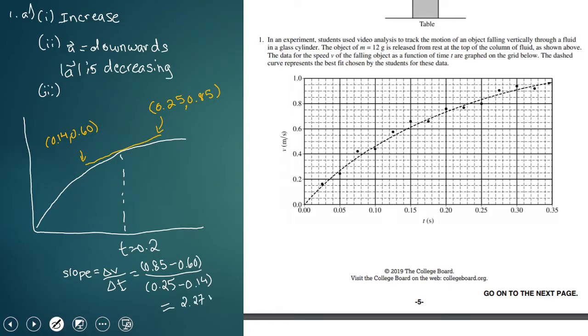And keep in mind that the units would be meters per second squared. And so the reason why is because we're essentially measuring the change in velocity, so the change in meters per second every second, and so the units just become meters per second squared.